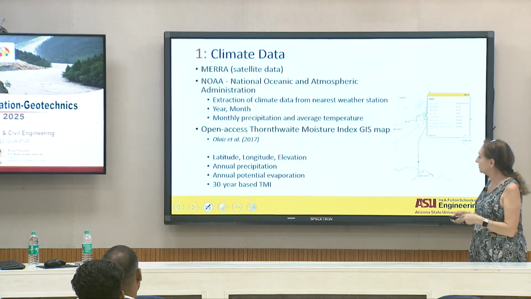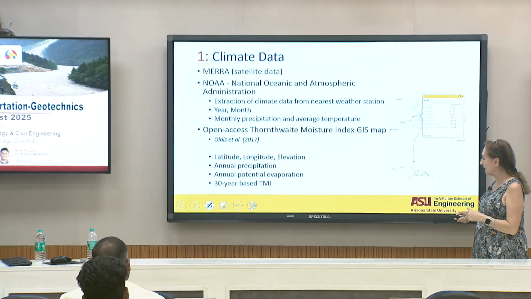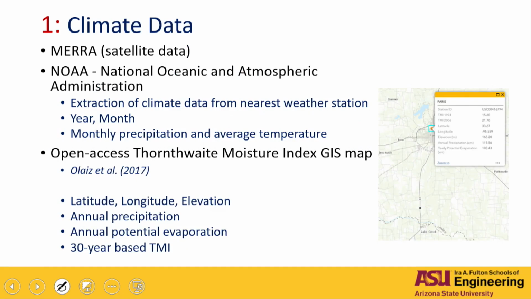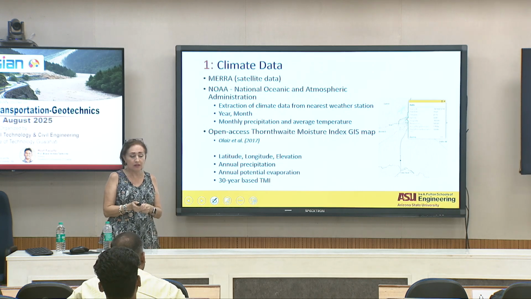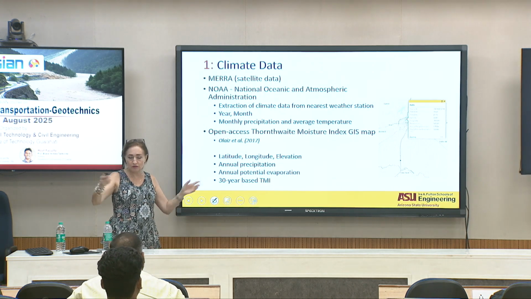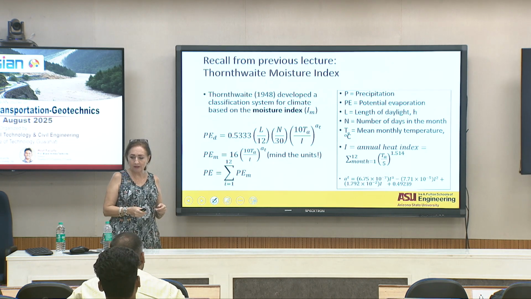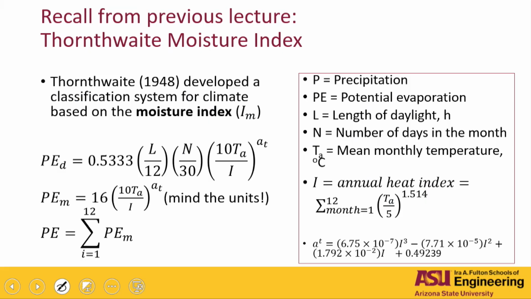But we collected from any place, and for this place particularly, we got latitude, longitude, and elevation for about 10,000 weather stations, with annual precipitation, annual potential evaporation, and 30 years of TMI values as well. Okay, so this is how you calculated that TMI that you used yesterday, right?